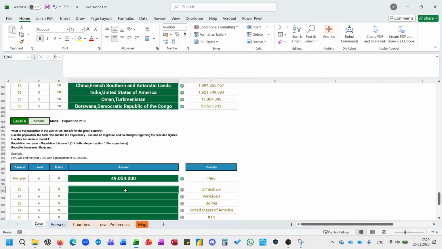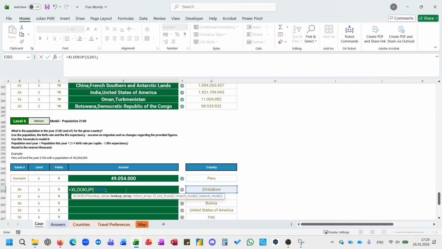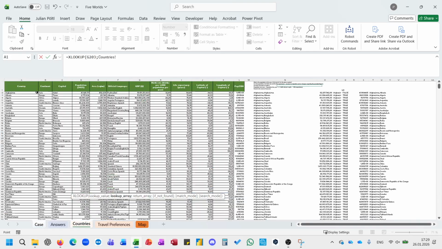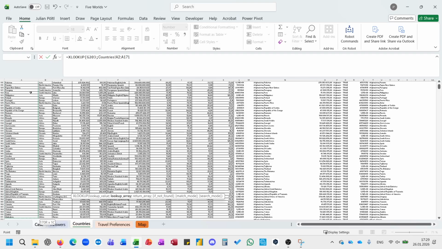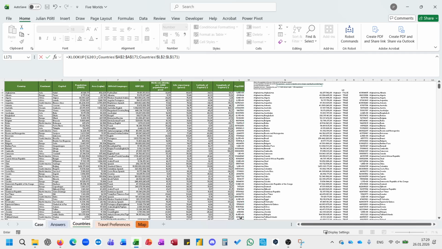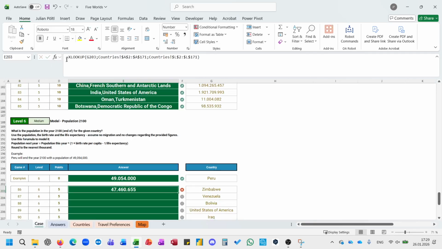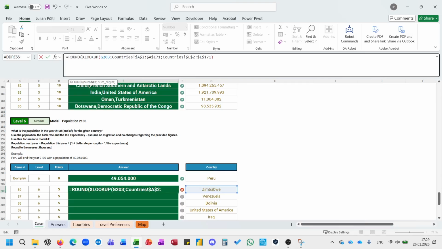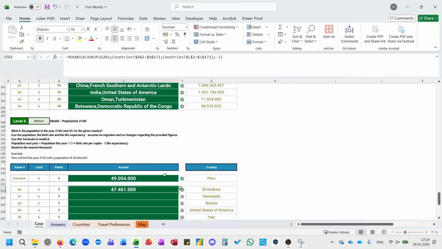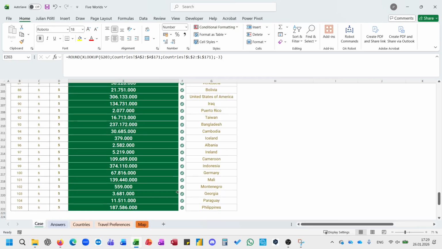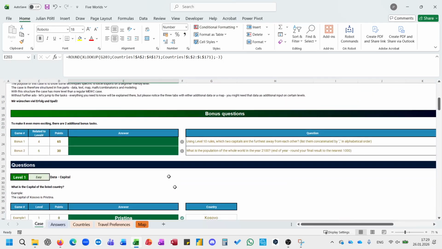And then we use an XLOOKUP for the country, returning our recently calculated value. And we have to round to the nearest 1000. We round in front of the comma by typing in minus in front of the digits you want to round before the comma.